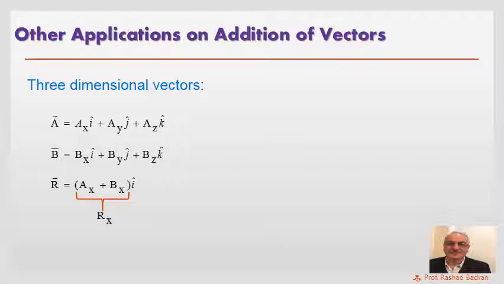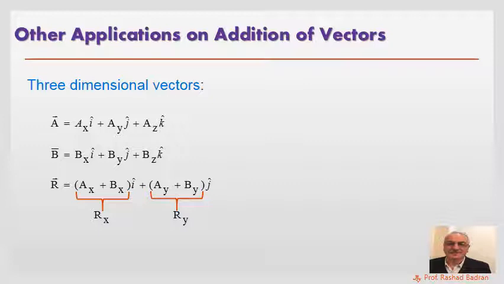Of course, this is supposed to be accompanied with i hat. Similarly, add the coefficient of j hat, which represent the y component of the vectors, then you get the y component of the resultant. Of course, this must be accompanied with j hat.